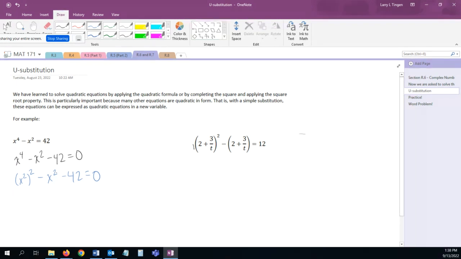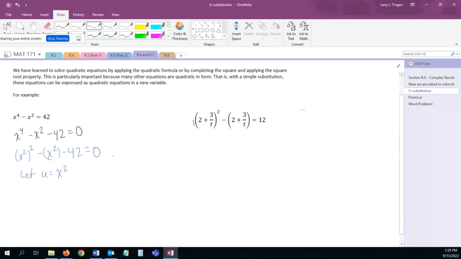So it's something squared minus something, and I'm just putting it in parentheses to draw attention to it, minus 42 equals 0. So what I'm going to do is let u equal x squared. When I do that, I now have u squared minus u minus 42 equals 0.